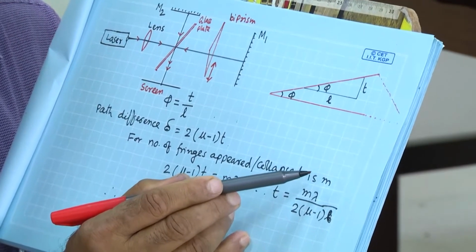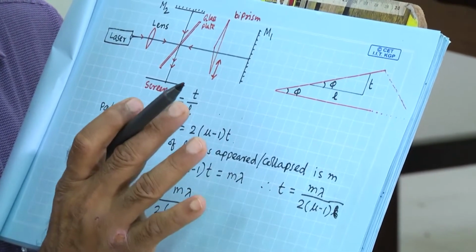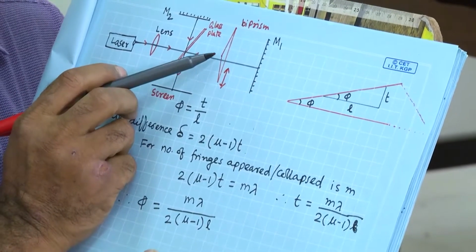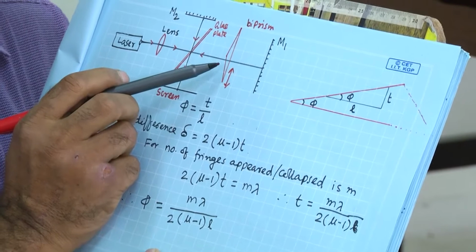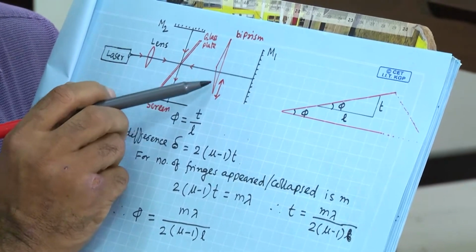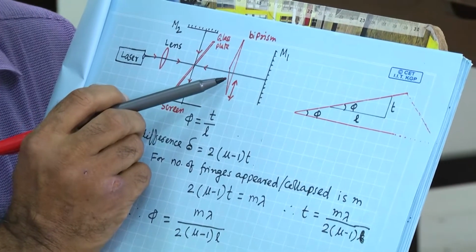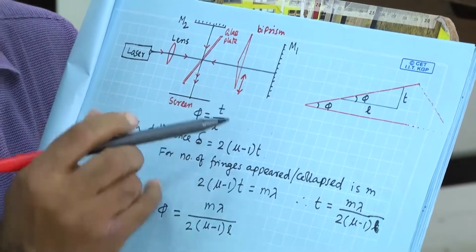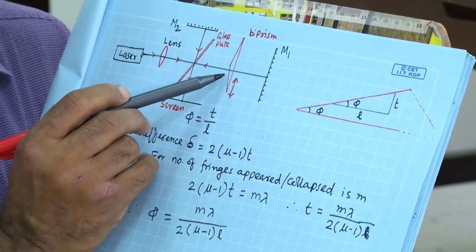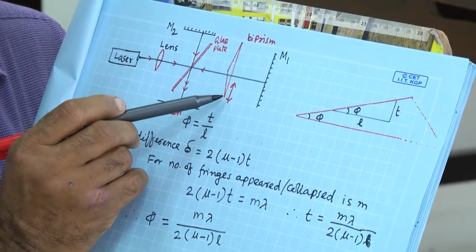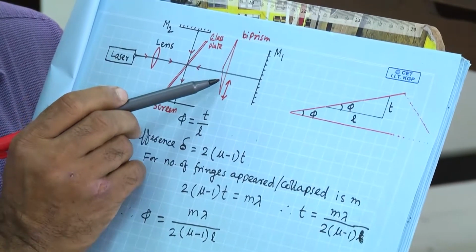So what will we do? The advantage here is that if we translate this biprism along this direction, we can change the thickness t, because this is the thickness. If I push it up, the thickness will decrease.